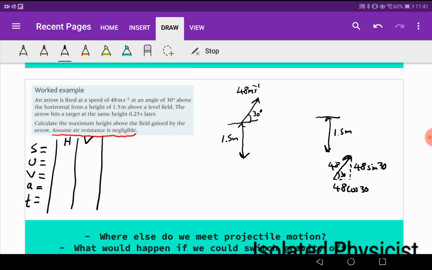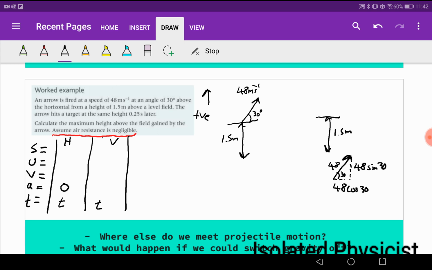I might need a bit more space to write these actually. So, first of all, we know acceleration horizontally is 0, and we know the times are going to be the same. If we have up as a positive direction, we know the vertical acceleration is minus g. What else do we know? Well, let's talk about a method of solving it.